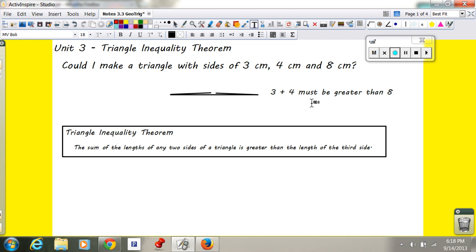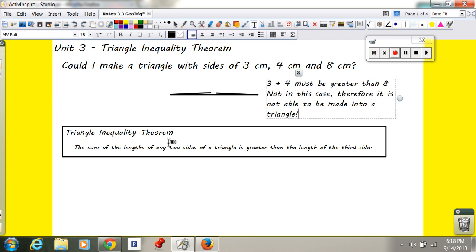And since that is not the case here, therefore it is not able to be made into a triangle. So that's your triangle inequality theorem.